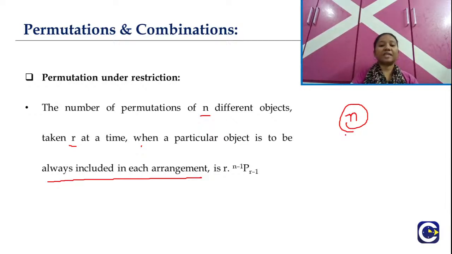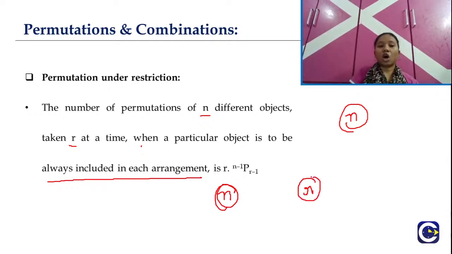So how will we take that? For example, if we have n total objects and r will be the objects which are taken to get the number of permutations. But here they have mentioned one particular object will always be included, which means the object which has to be included will be there in n.